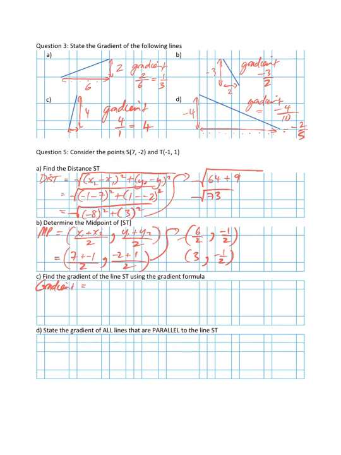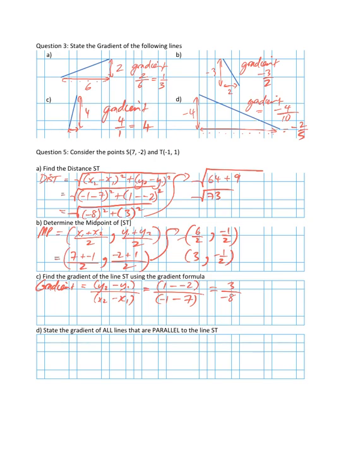The gradient formula is y2 take y1 over x2 take x1. y2 for ST is going to be 1, and you're taking y1, which is -2, over x2 is -1, take x1, which was 7. 1 take -2 is 3, -1 take 7 is going to be -8. So that is the gradient of the line ST.